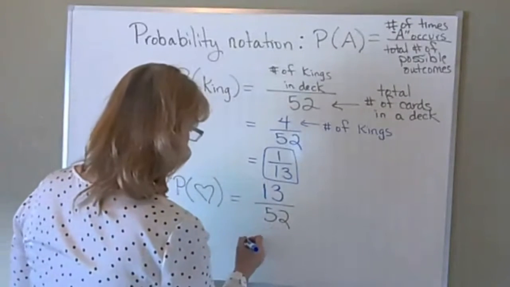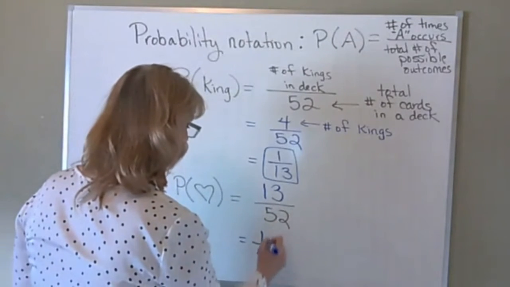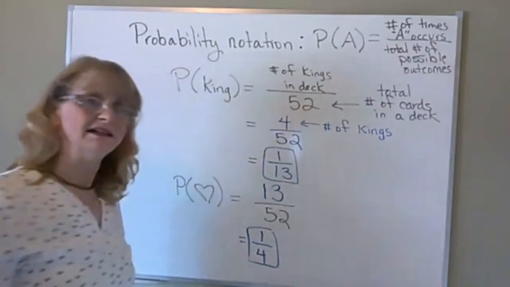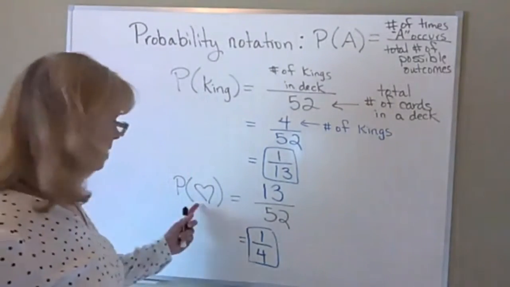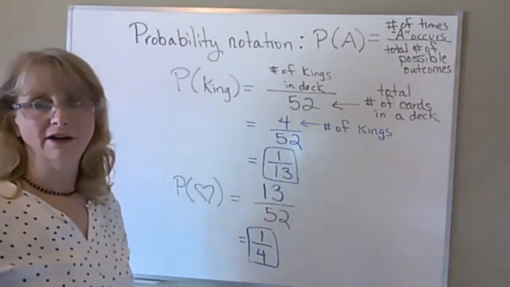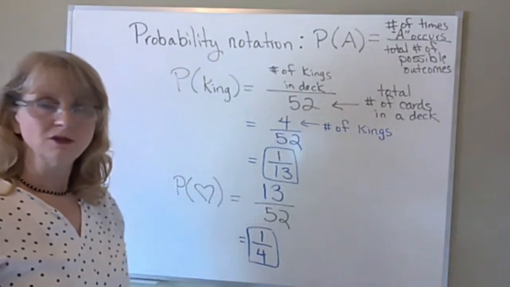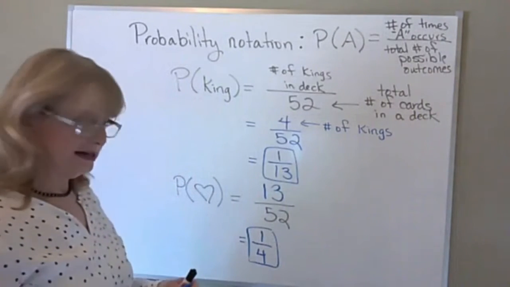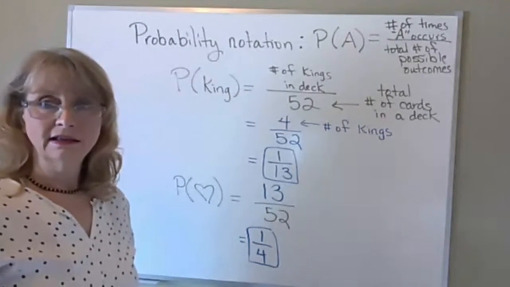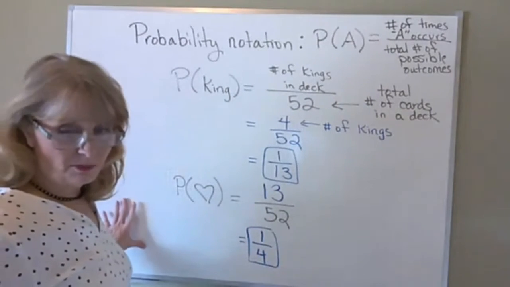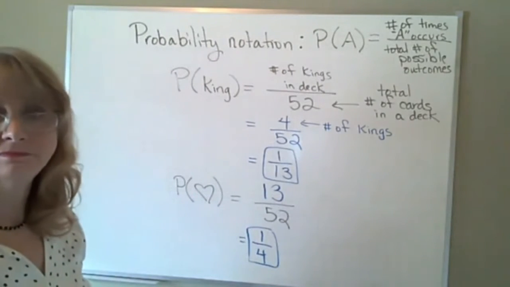So this would reduce to 1 out of 4, which should make sense because a fourth of the cards are hearts. So that was basic probability that we learned last week, last Wednesday. Does anybody have a question about any of this before we go on?